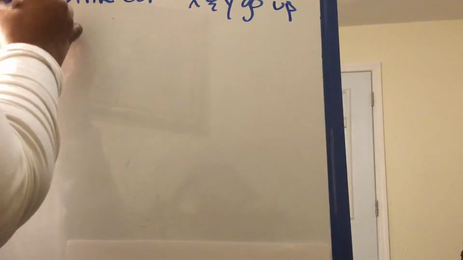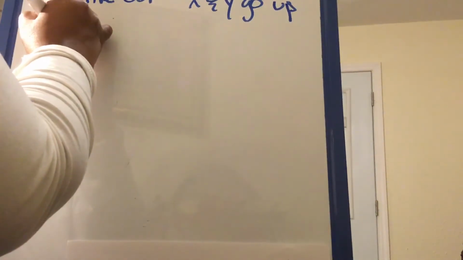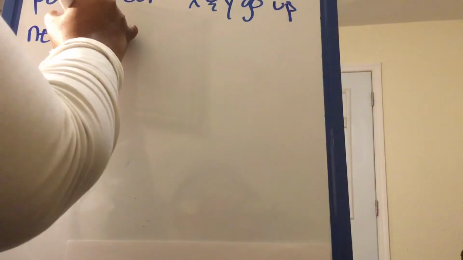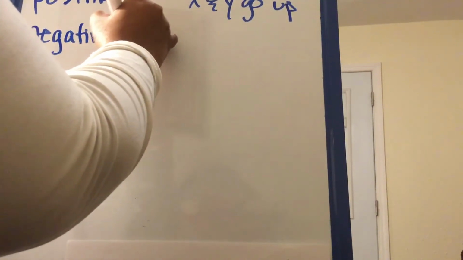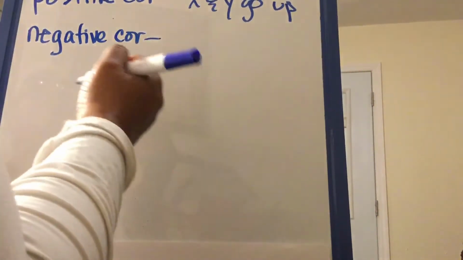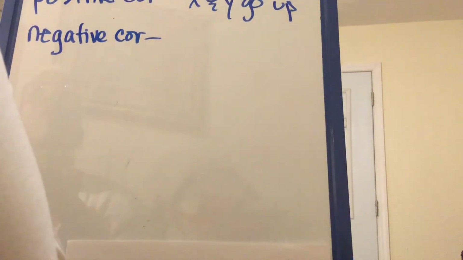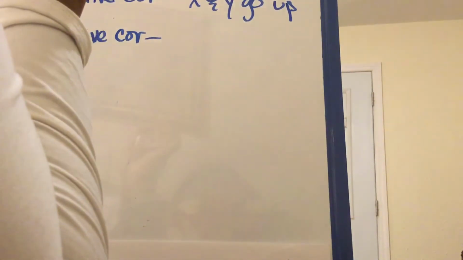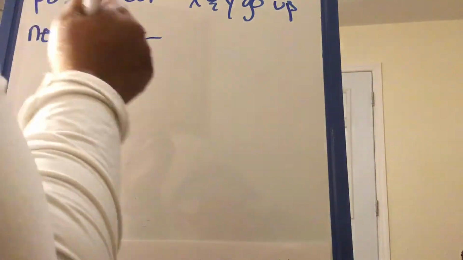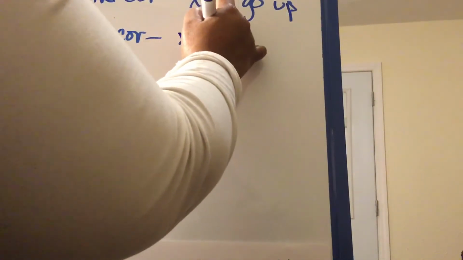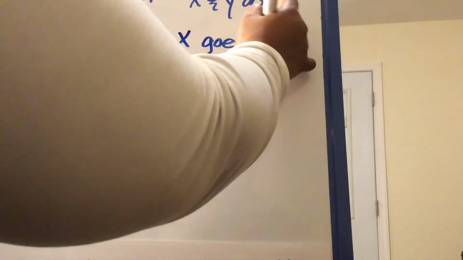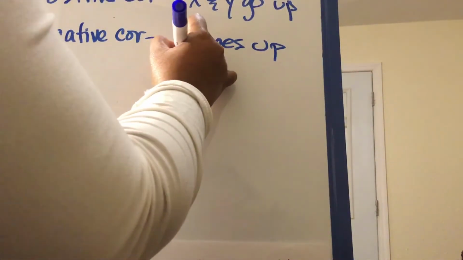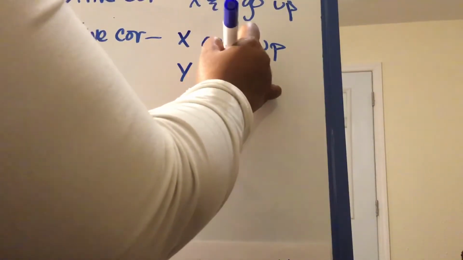All right, so a negative correlation is when, while x is going up, y is going down. X goes up, y goes down.